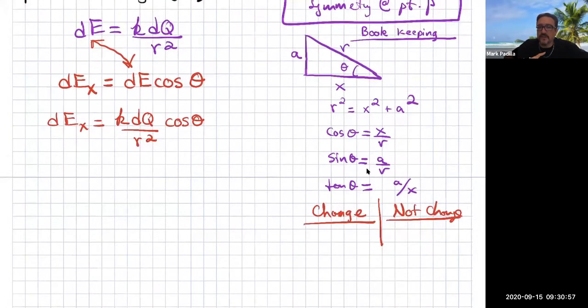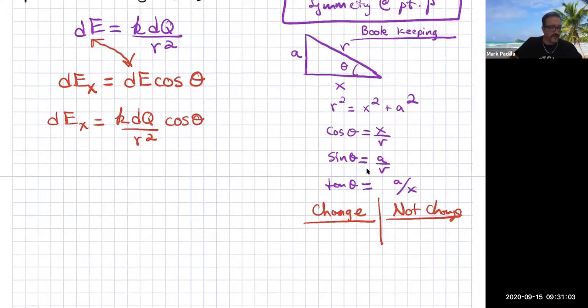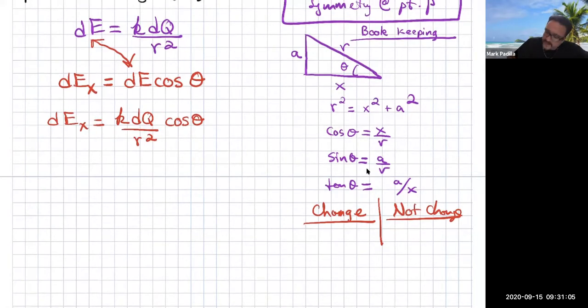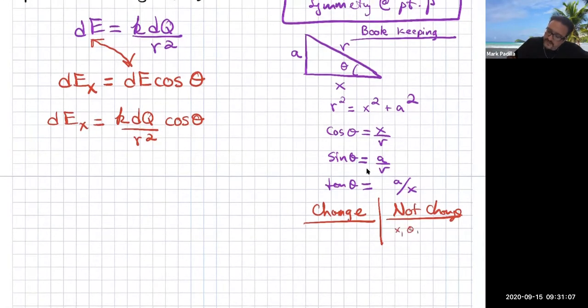Well, what's not changing? x, theta, r, and a. The only thing that is changing is what we're going to define as L, the length of the ring. We're changing its position as we're moving around it, integrating.